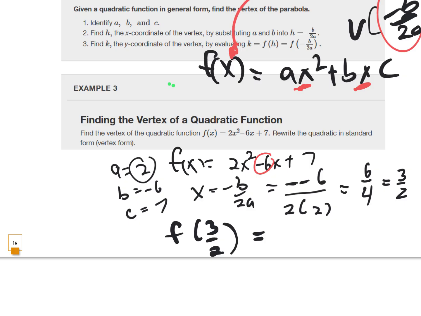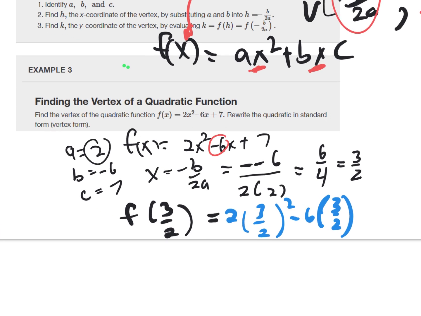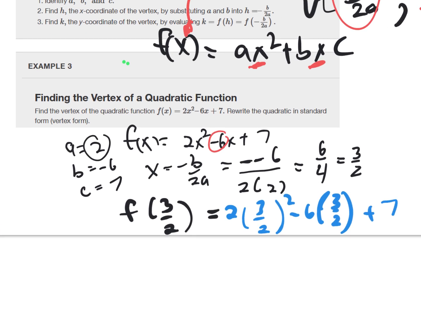So plug it in. So it's going to be 2 times the x squared. So that's my x right here. So it's going to be 3/2 all squared minus the 6 times 3/2 plus the 7. So 3/2 squared means both of those numbers, the 3 and the 2, both get squared.